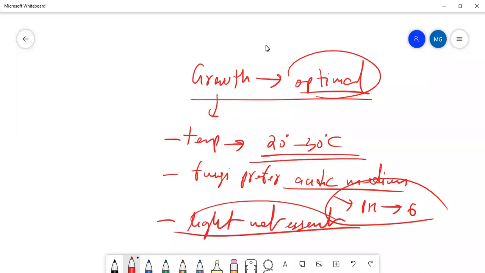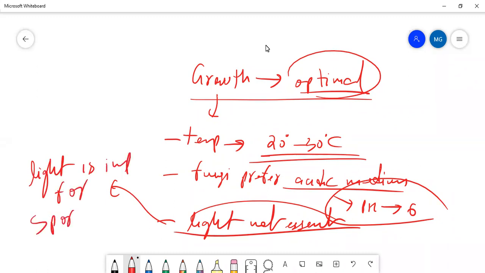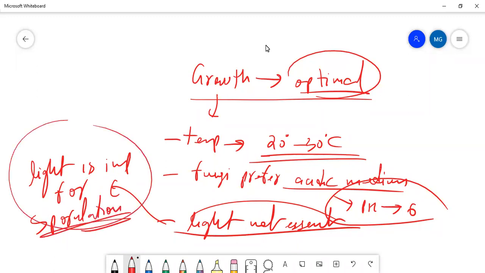But मैंने कहा ना for multiplication or growth, but light is important for sporulation. मतलब spore formation, light is required. ठीक है, so this you have to keep in mind.